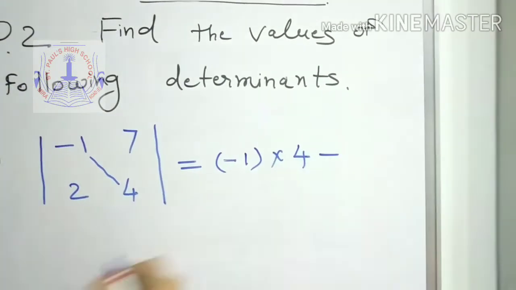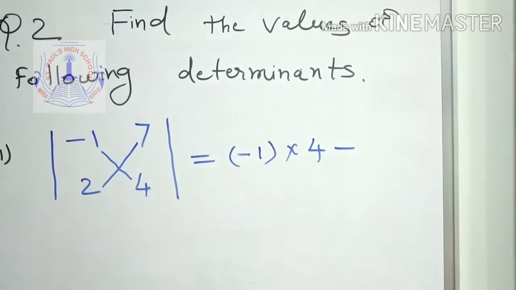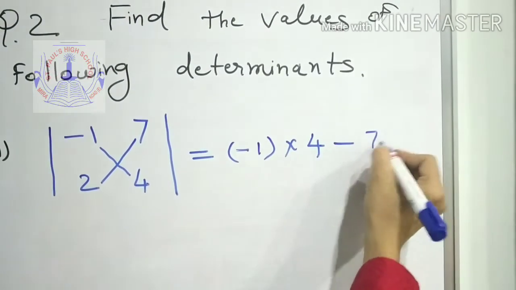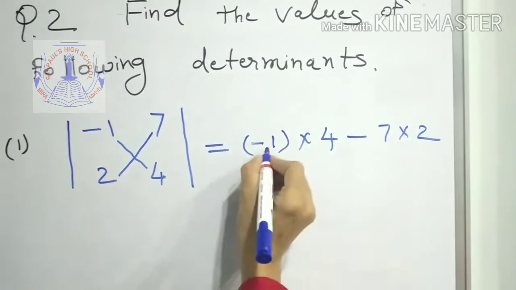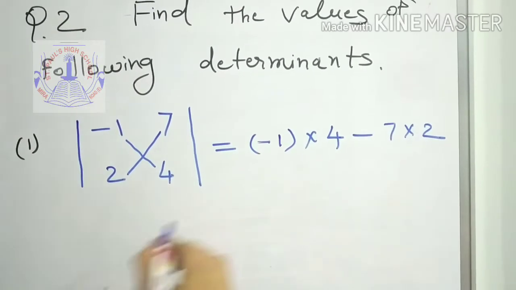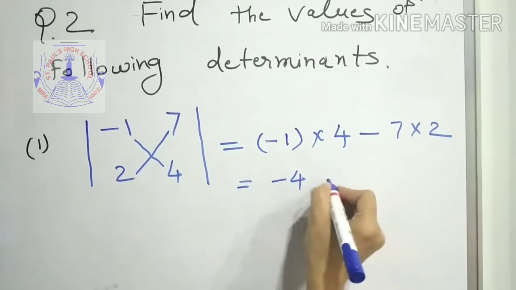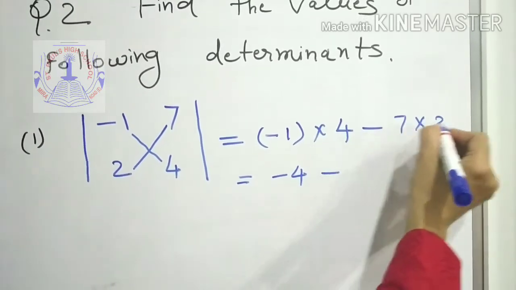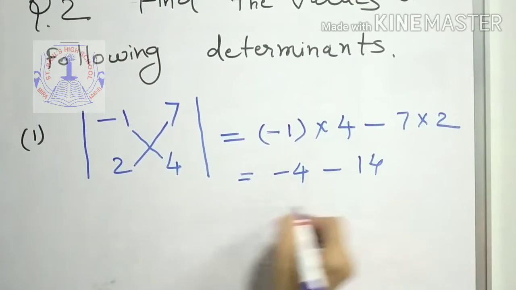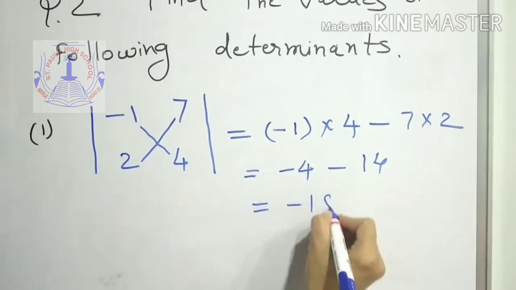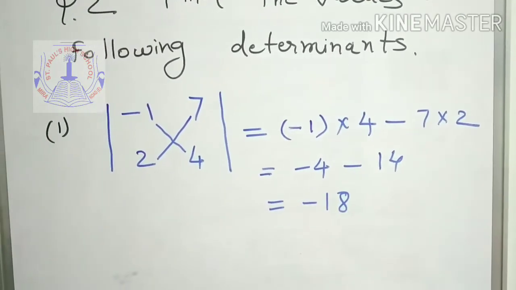Then minus sign, 7 is multiplied with 2. Because here is a minus sign, I put a bracket. Minus 1 into 4 is minus 4, minus 7 into 2 is 14. So the answer is minus 18.